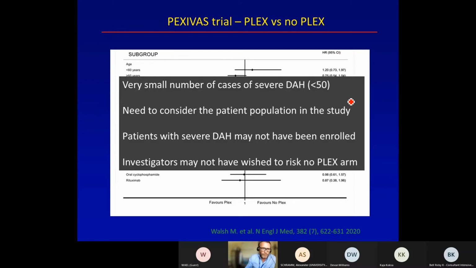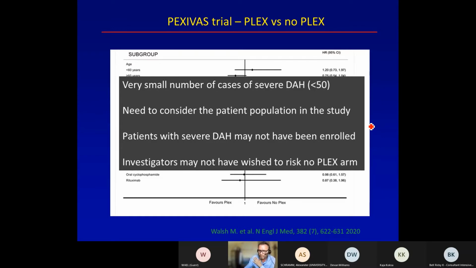The key thing to remember is that you have to think about the patient population in the study. There are a very small number of cases of severe diffuse alveolar hemorrhage, probably less than 50. And you have to consider how the study was designed, and it's always important to do this with any study that you're reviewing. It is perfectly possible that patients with severe diffuse alveolar hemorrhage may not have been enrolled in the study.